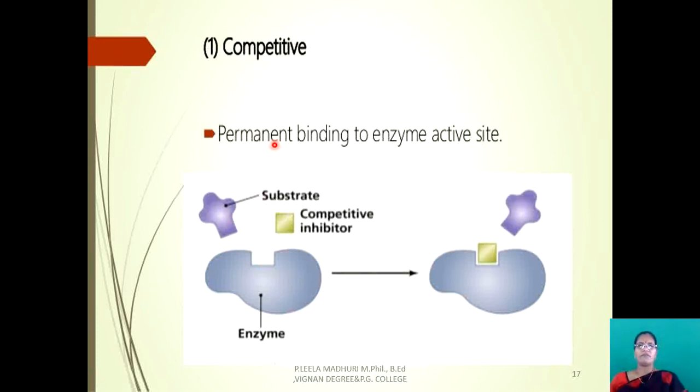Now we will see what's happening in the competitive inhibition. Here the permanent binding of the competitive inhibitor to the active site will take place. This is the actual substrate which has to bind to the enzyme. But in the presence of the competitive inhibitor, instead of the substrate, the competitive inhibitor will bind to the active site, and as a result the substrate cannot bind and the reaction cannot proceed.